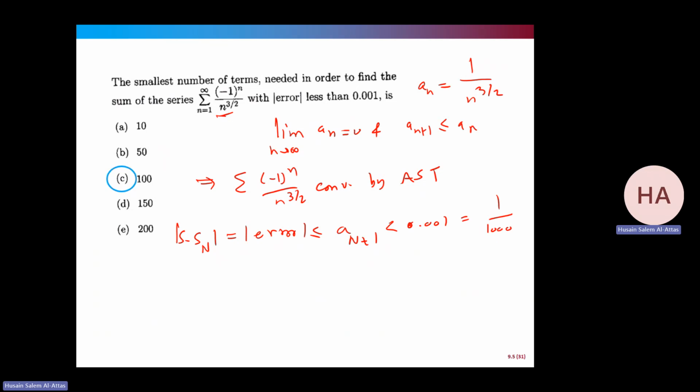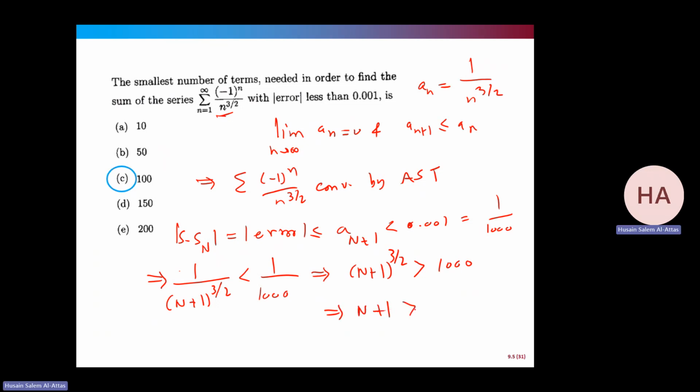Okay. What is an plus 1? It's 1 over n plus 1 to the power 3 over 2. I want it to be less than 1 over 1000. So it means I want n plus 1 to the power 3 over 2 greater than 1000. That means n plus 1 will be greater than 1000 to the power 2 over 3, which is 10 squared.